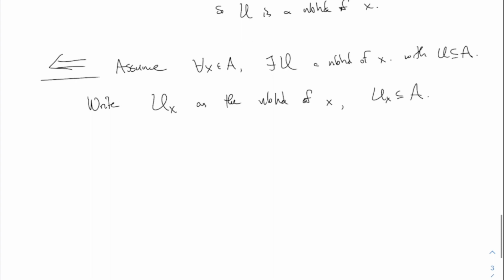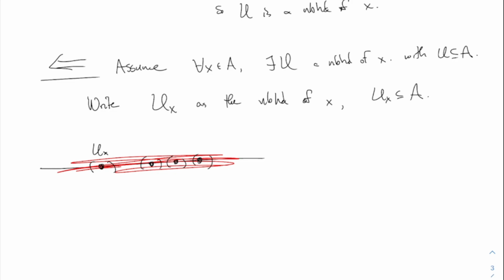So if my picture this time is like, the red set is my set A, what I'm saying is that every single point x here, and there's tons of them, has a little neighborhood around it. And all of these neighborhoods are fully contained in A. These are the U_x's, those intervals.